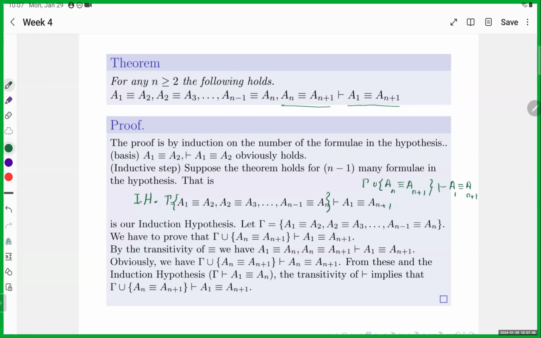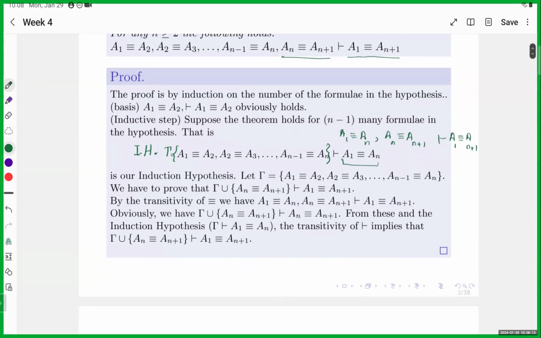But note that these together with only one of the hypotheses, sorry, not hypothesis, the conclusion here of the inductive hypothesis. So gamma proves, let me write this down. What we know is that gamma proves A1 is equivalent to AN.